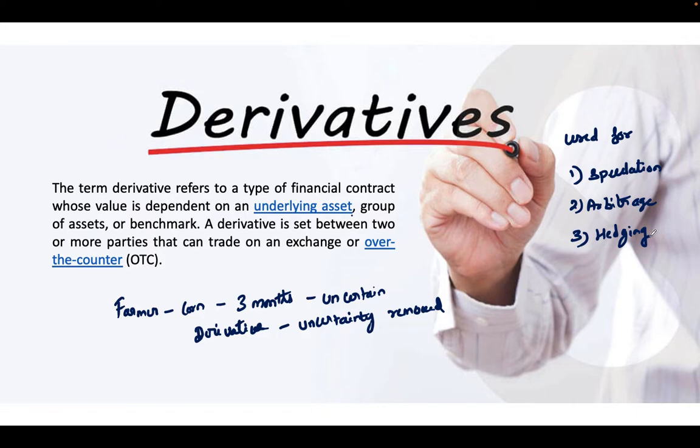So a hedger uses futures and option markets to reduce their risk. A perfect hedge would be one which eliminates risk entirely.